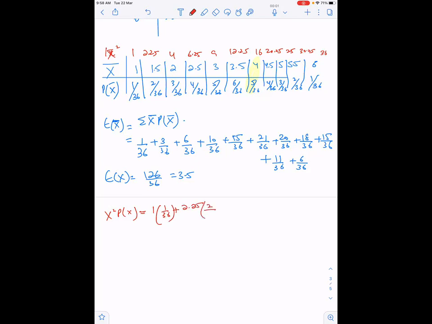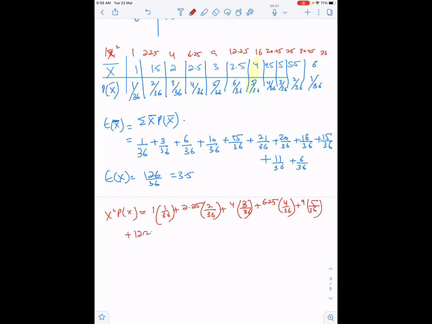2.25 into 2 upon 36. 4 into 3 upon 36. Okay, 6.25 into 4 upon 36. 9 into 5 upon 36.